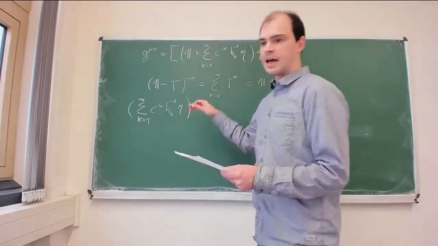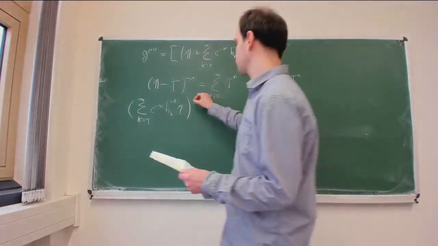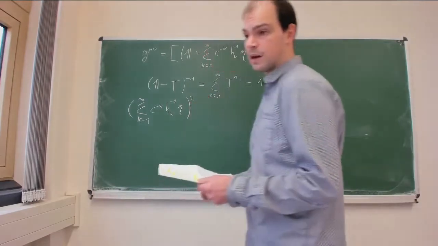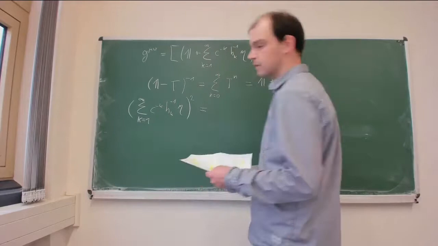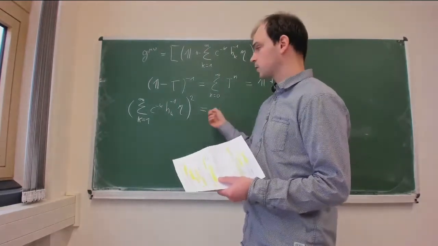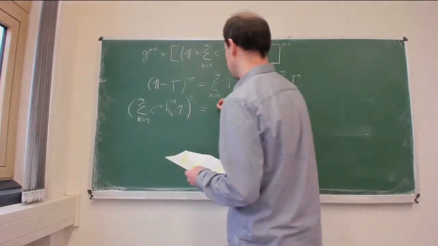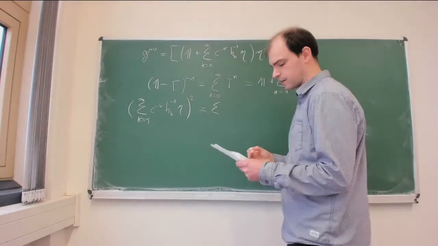And now we have the nth power of these expressions. So let's just look at the first one, the square of this. And the Cauchy product for two series in general says that you now get a double sum.